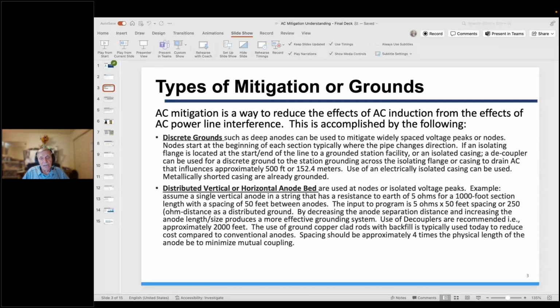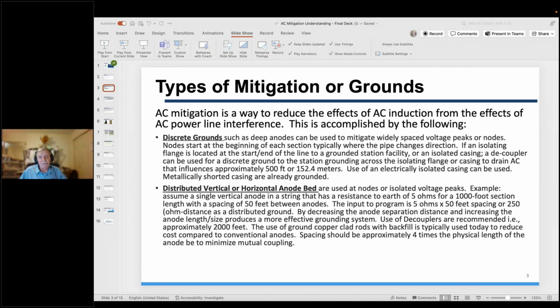The other ones that are really coming into favor, because of the cost, are distributed vertical or horizontal anodes, particularly the vertical ones where you can use a single ground rod, and they use conductive concrete or bentonite clay to surround them to bring the resistance down.